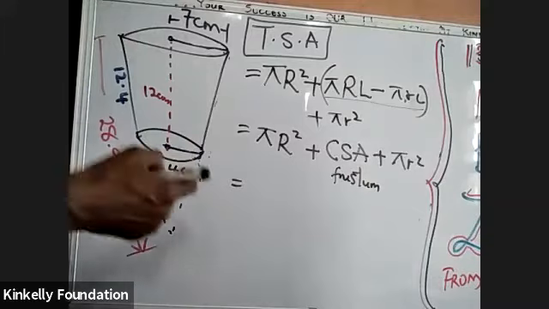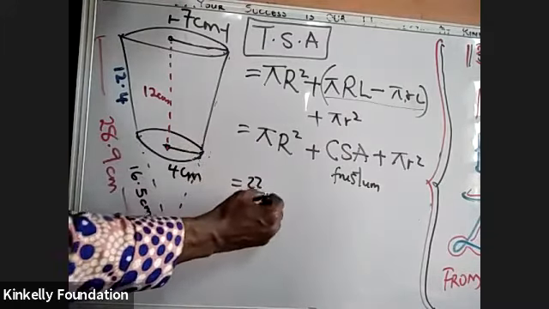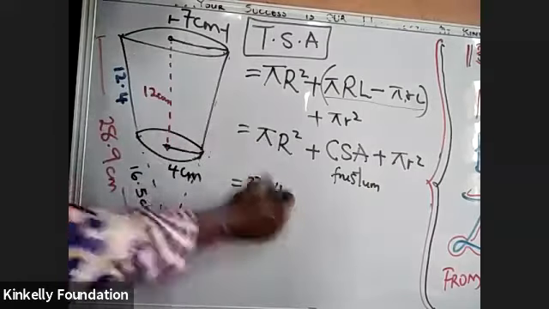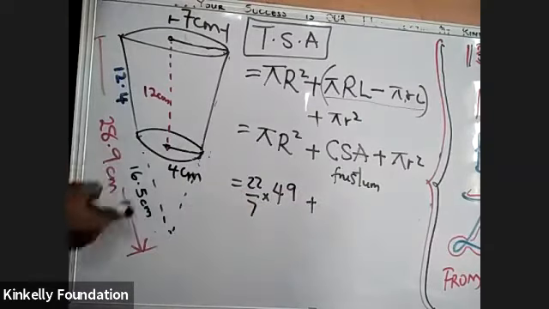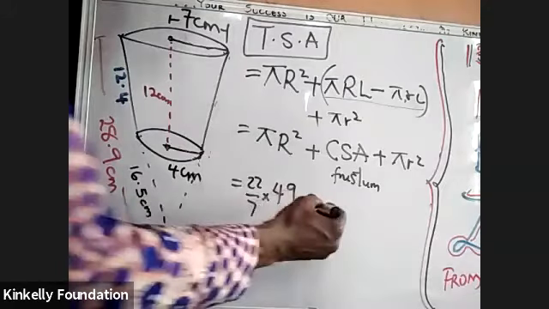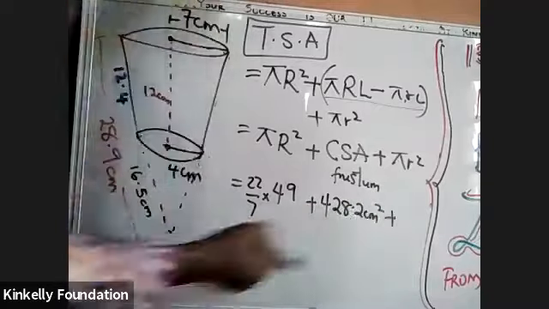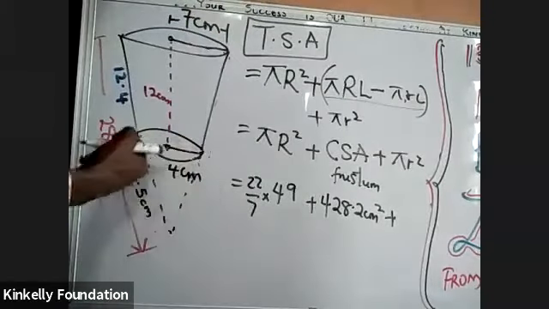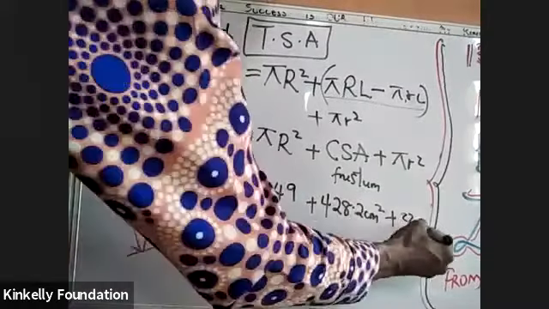Now this will give us 22/7 times 49, remember 7 squared is 49, plus what we have here initially, which was 428.2 cm squared, plus 22/7 times 16.